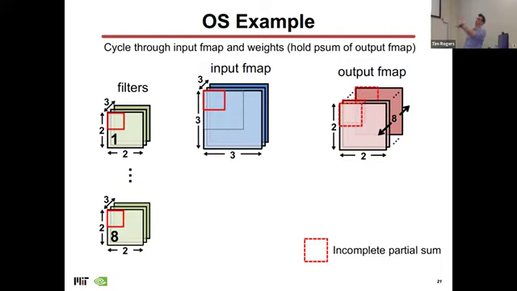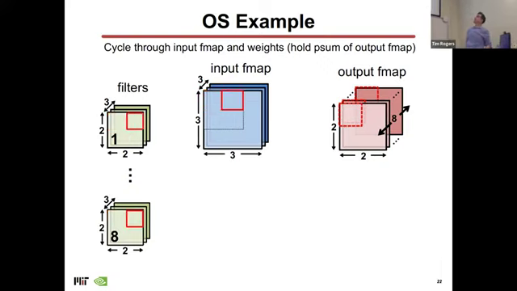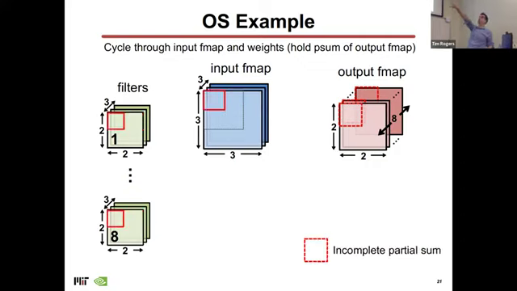And so in this example, we start in the most logical way, right? In the upper left-hand corner of both the filters and the input activation. And then you're taking a part of the filter. We're not actually moving the filter here.